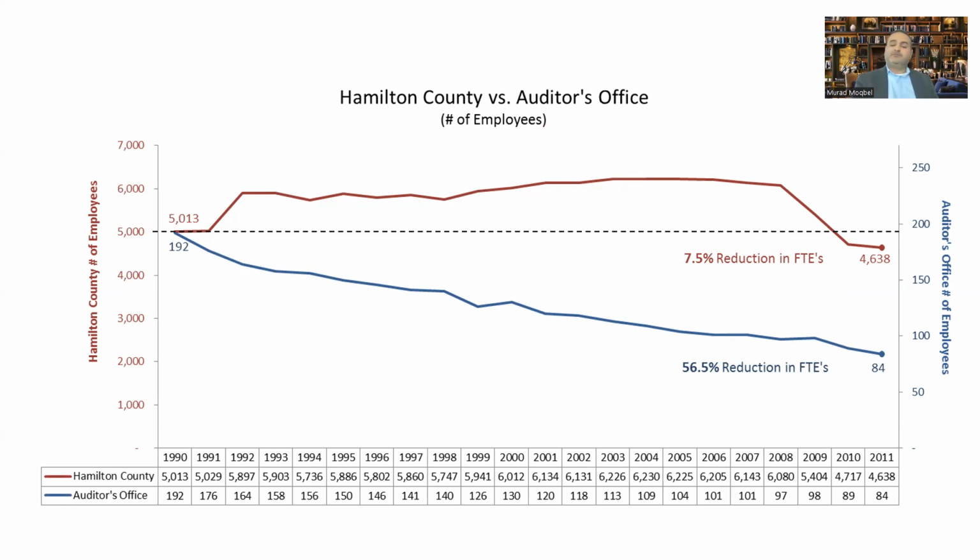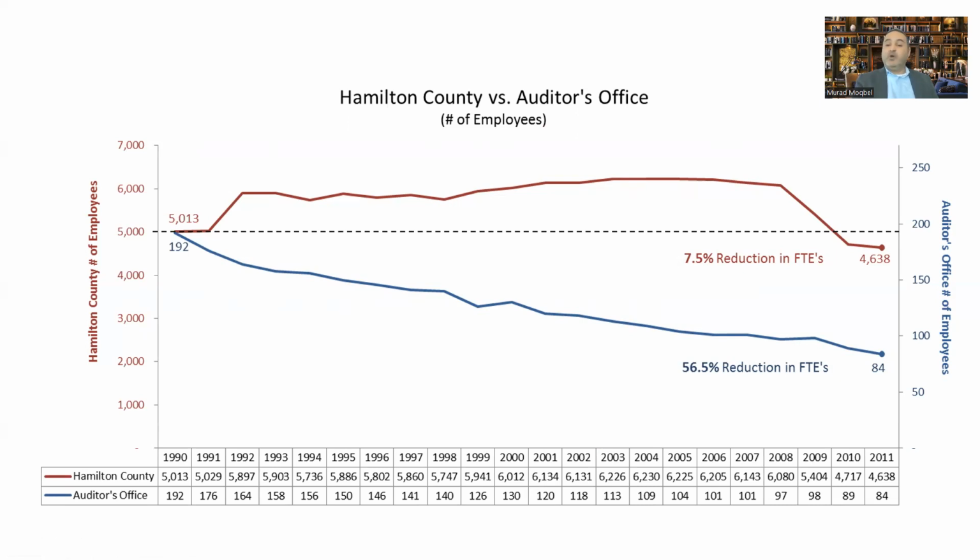However, what would be better, for the head of Hamilton County to say, well, I was hired just 4 years ago in 2008. Why should I be responsible for the reduction of employees for the past 21 years, right?